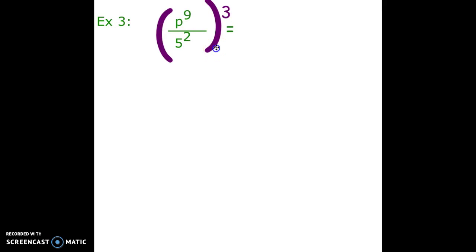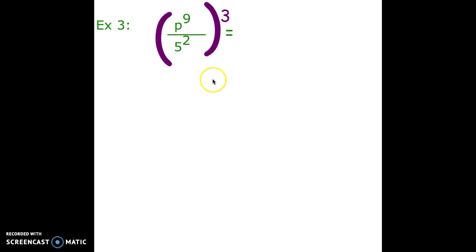So here, I've got p to the 9th over 5 squared, all raised to the 3rd power. So it's going to be p to the 9 times 3, or 27th, over 3 times 2 is 6, so that's 5 to the 6th. And that will be my final answer.